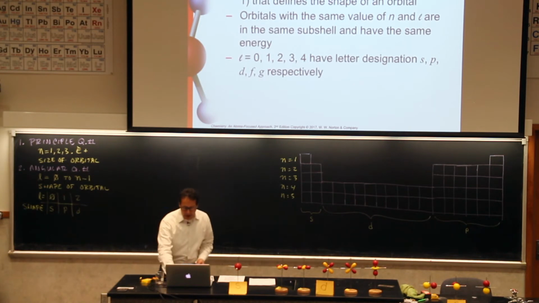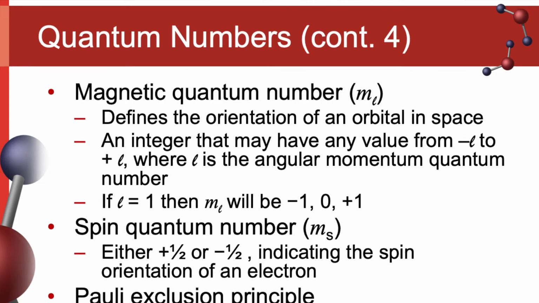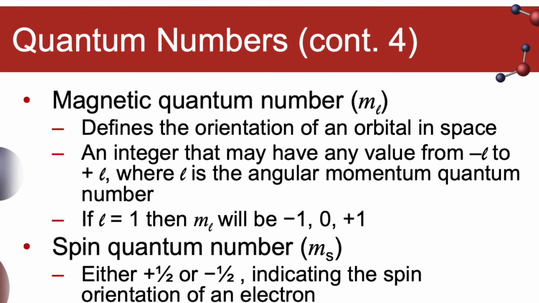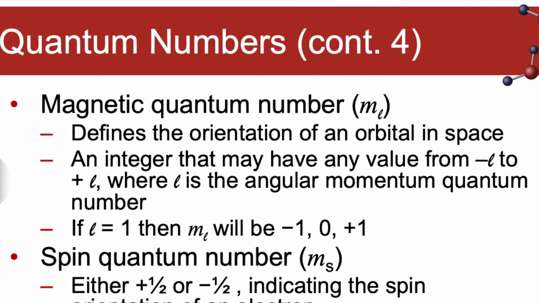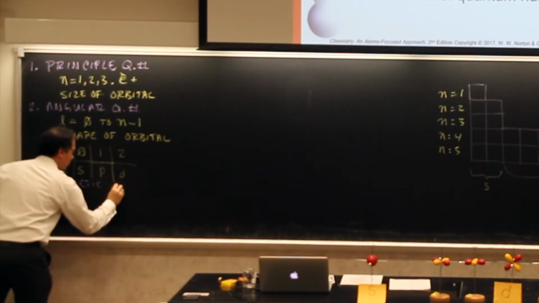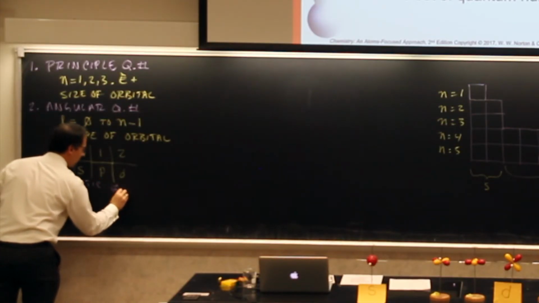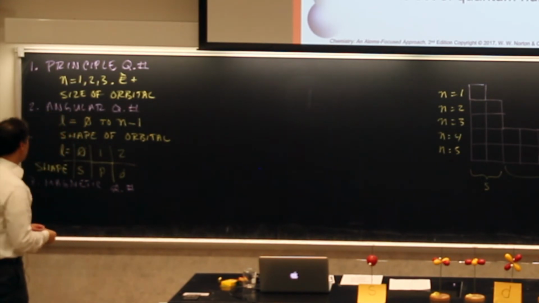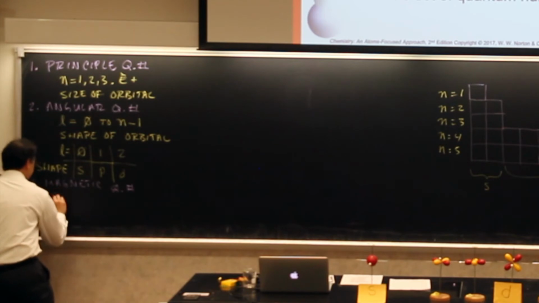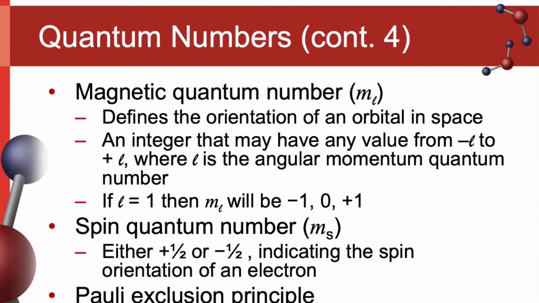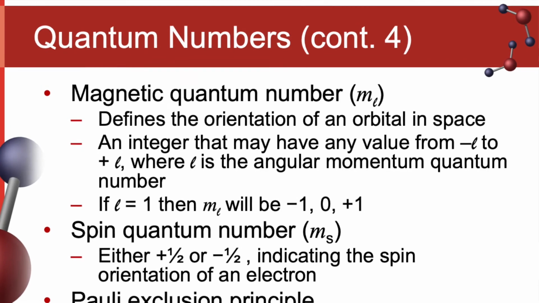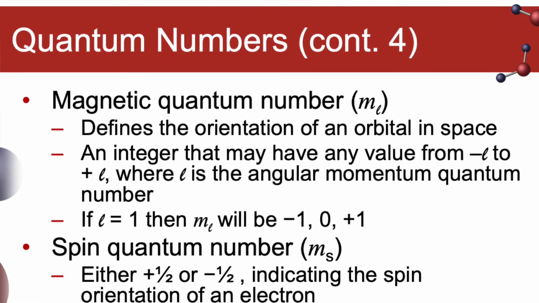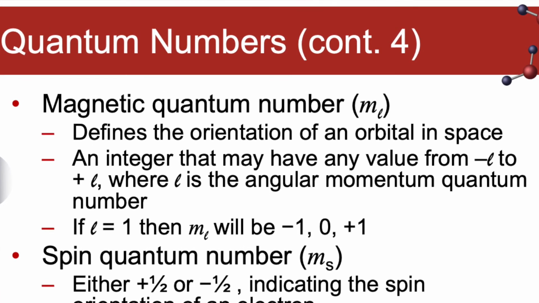All right, and then our next quantum number is our magnetic quantum number. So number 3 is magnetic quantum number. And our magnetic quantum number, this is m sub L. And m sub L is equal to plus or minus L. Okay, and so this tells us the orientation of an orbital.